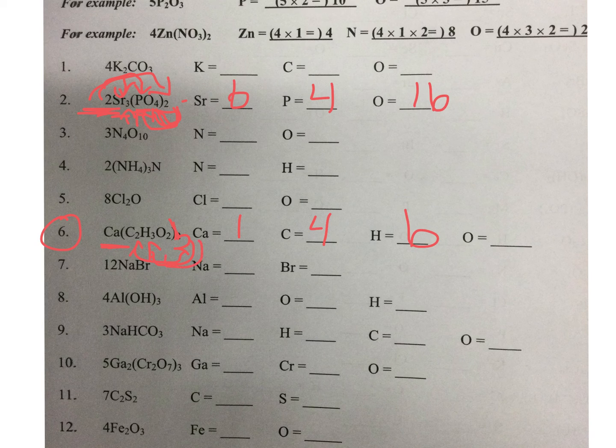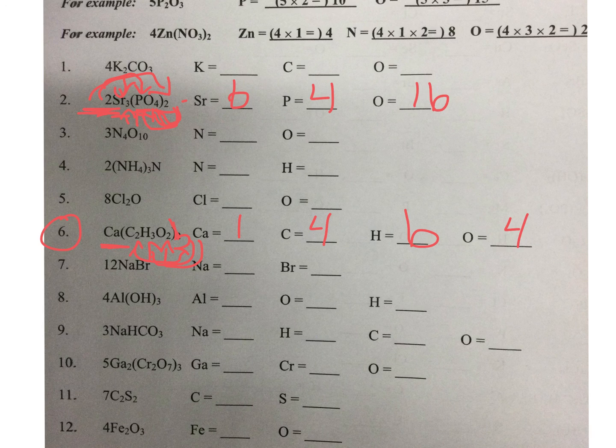And then 2 times 2 for the oxygen is going to give you 4. Very good. And these are your totals for a compound without a coefficient. What questions do we have? Remember, your whole objective here is to know how many atoms you have of each and every single different element. We good?